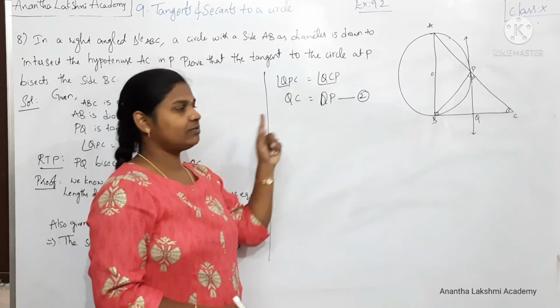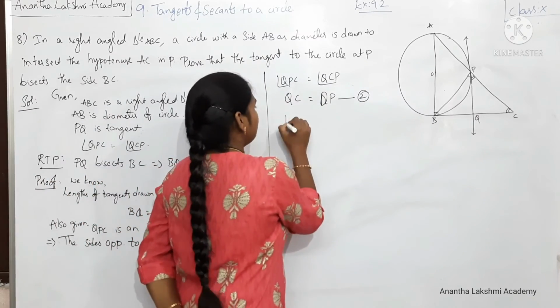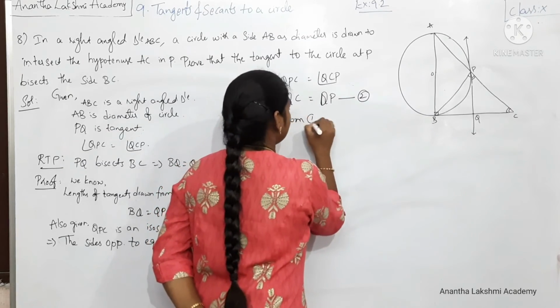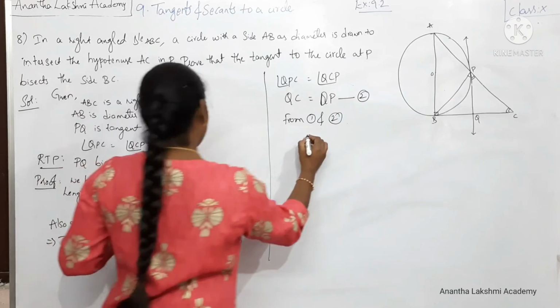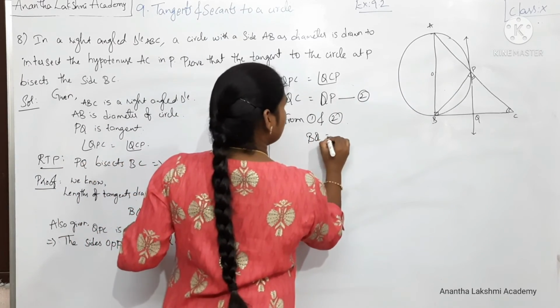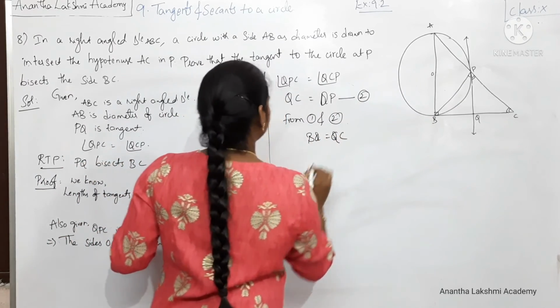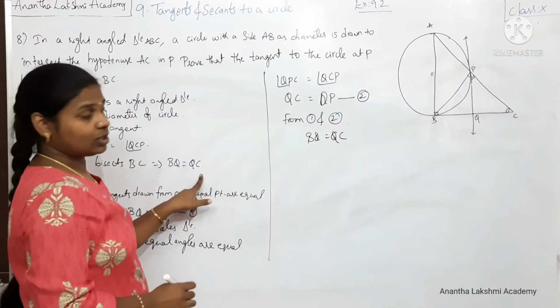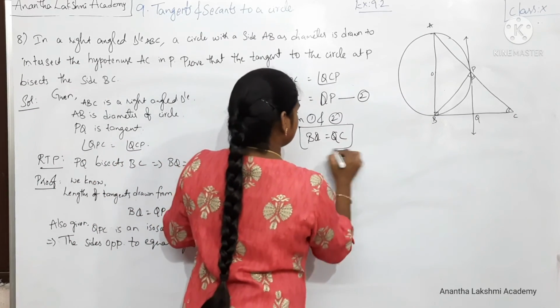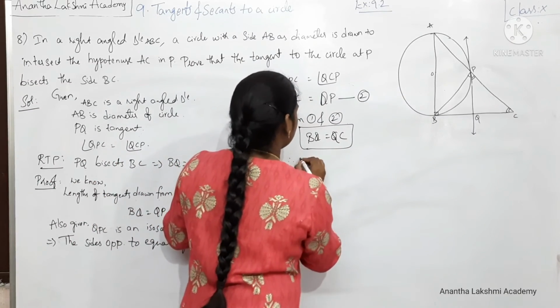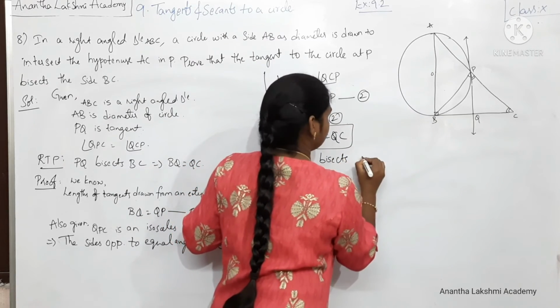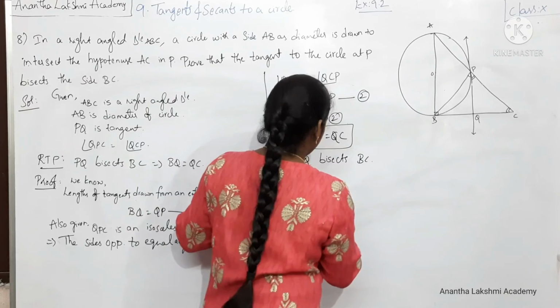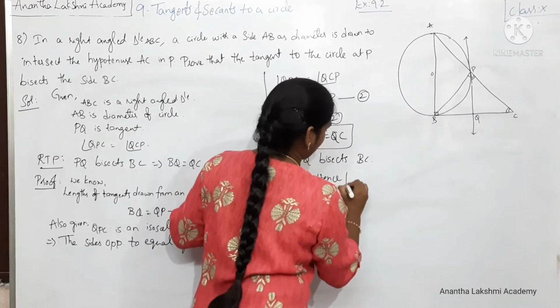Here QP is equal to QC. So from 1 and 2, what can we write? Both of them are equal to QP. So BQ is equal to QC. Is that what we are supposed to prove? Yes. Therefore, PQ bisects BC. Hence, proved.